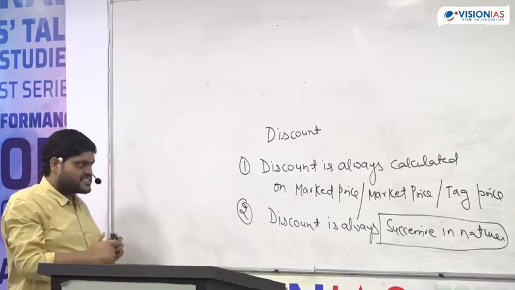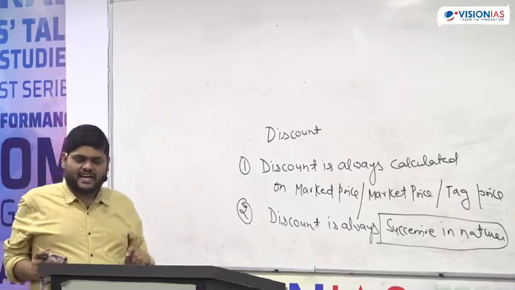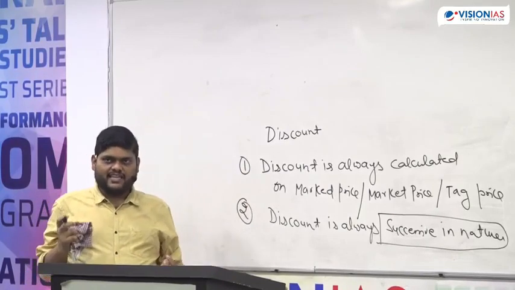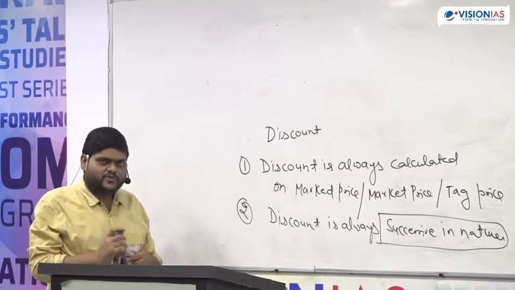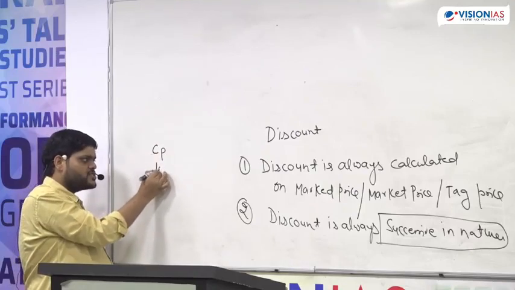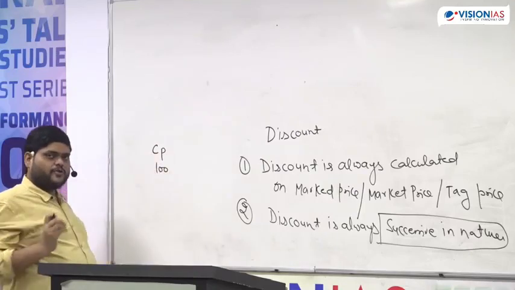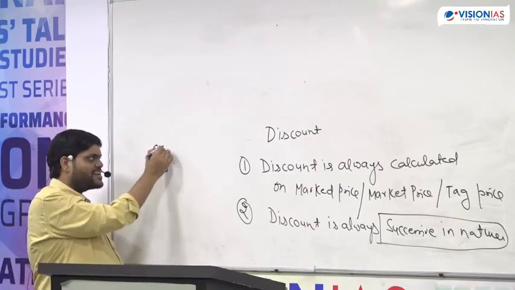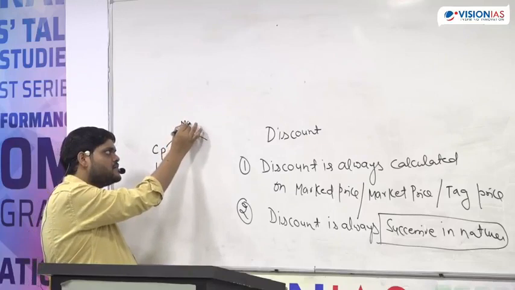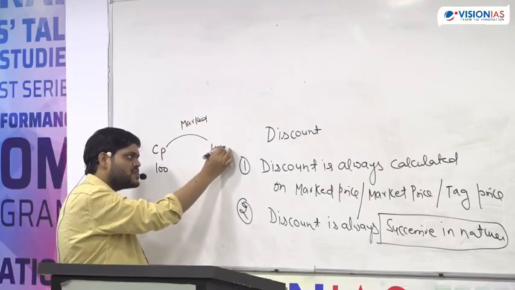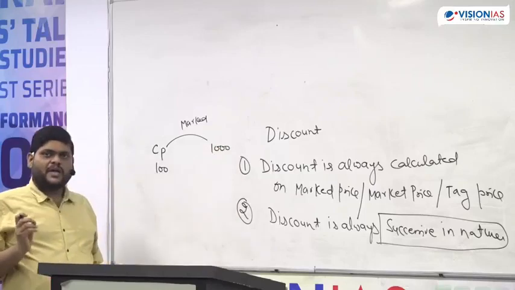So understand this thing, what concept they have applied here. Try to learn this thing. Instead of giving discount on a price, see, there is a cost price. Suppose the cost price of a shirt is 100 rupees. Now they have marked this price 200 rupees.